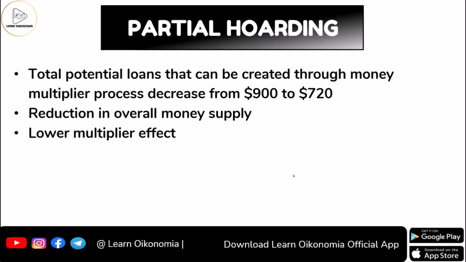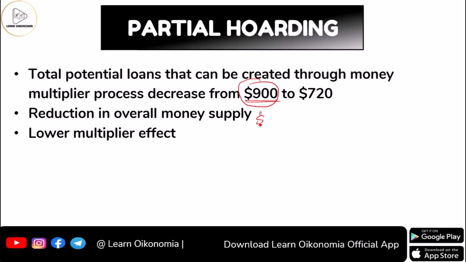Now let's go for a comparison. Earlier, when all individuals had their money put in the bank, the potential loans that could be created through the money multiplier process were $900. What happened when people began to hoard money? The money supply came down to $800, right?